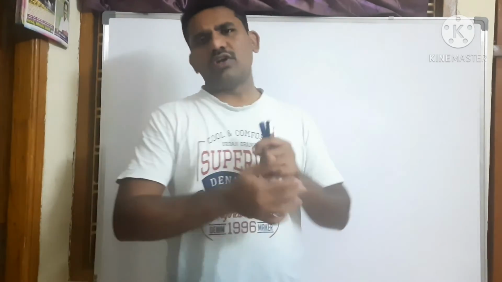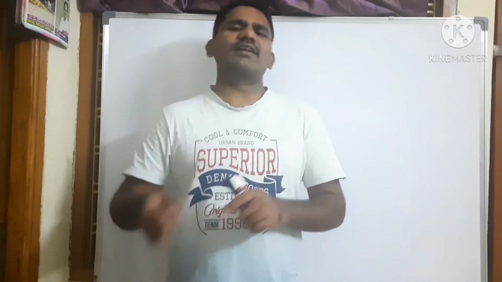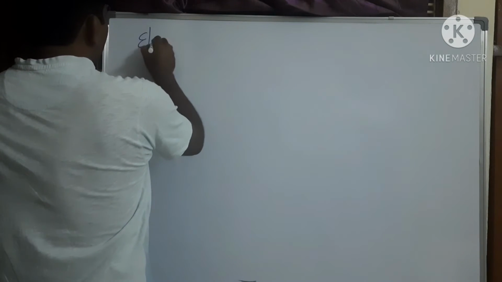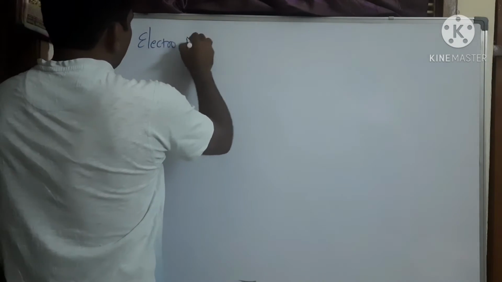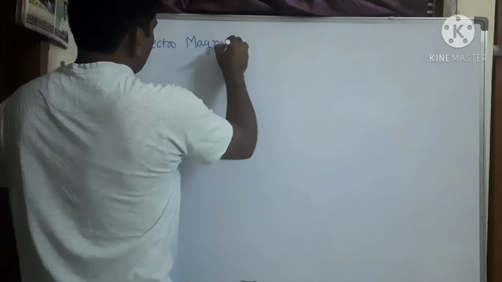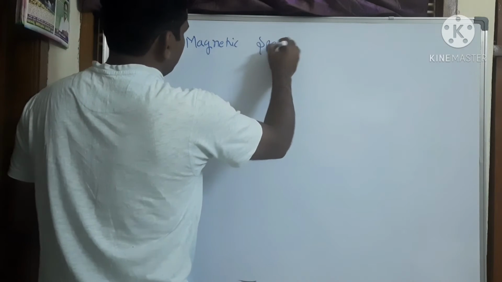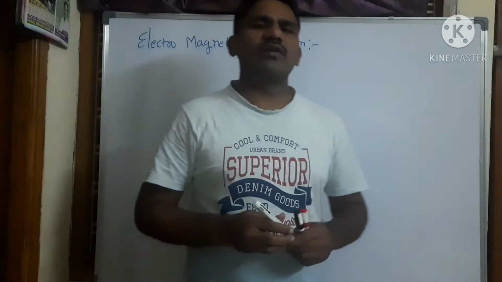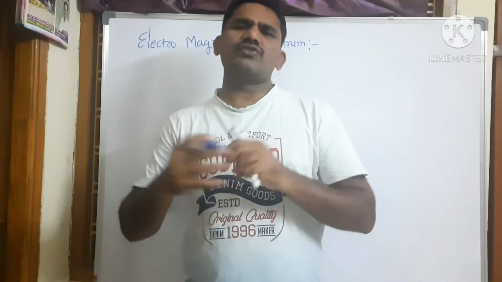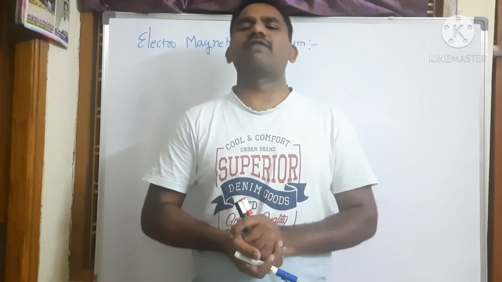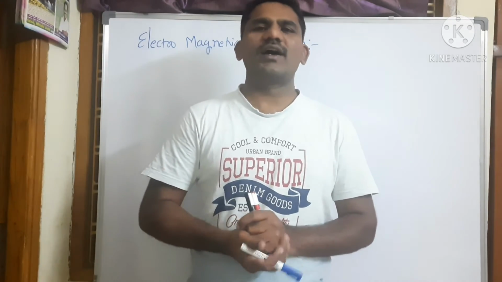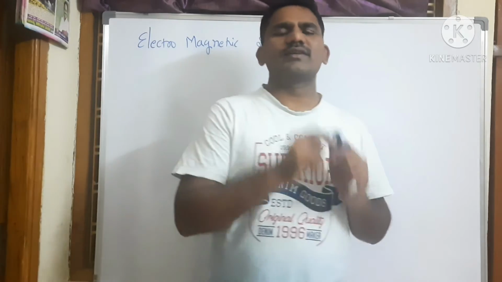The combination of electromagnetic waves of different wavelengths and different frequencies is called the electromagnetic spectrum. So, the electromagnetic spectrum is defined as a combination of electromagnetic waves of different frequencies and different wavelengths.